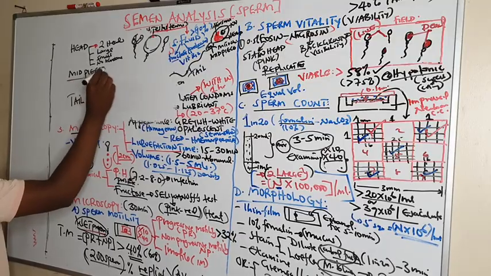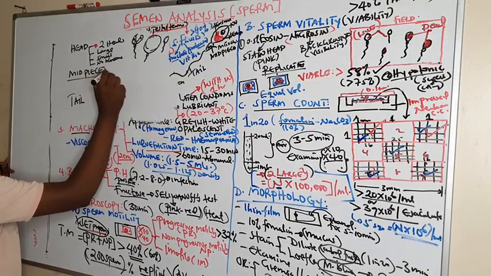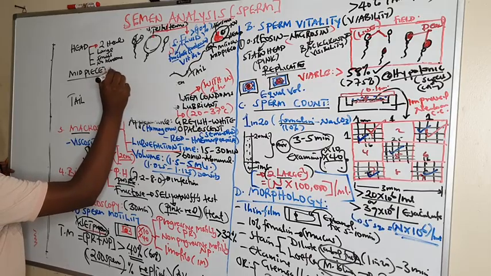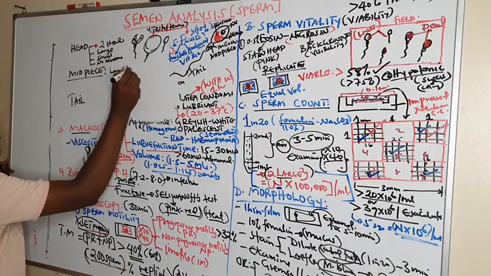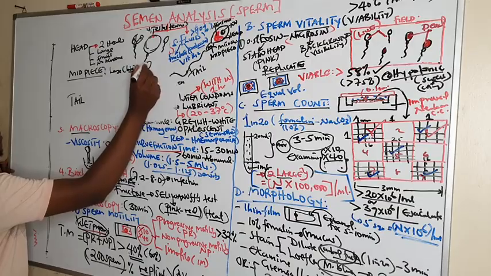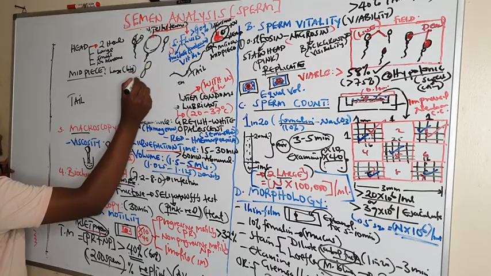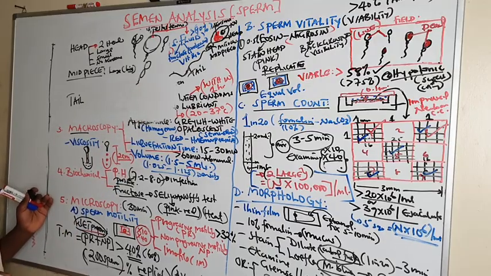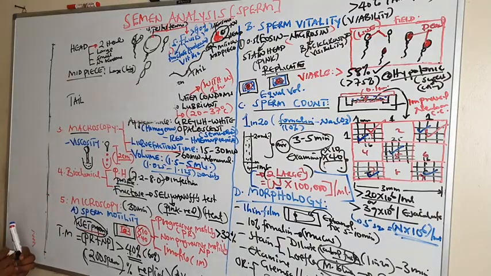Then about the midpiece, some can have a large or big midpiece, whereby a normal one should be like this, but you find a sperm with a large midpiece and a small tail, a midpiece which is almost bigger than the head.